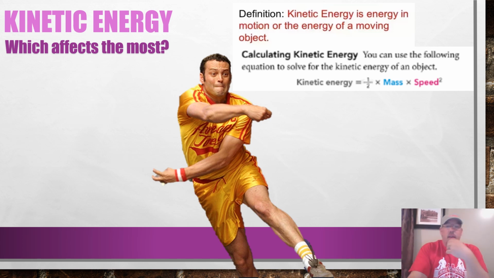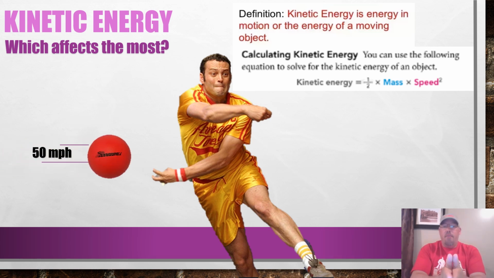So let's think about which one is going to affect the pain that's registered by my body. Is it going to be the mass of the ball or the speed of the ball, and which one impacts it more? So if I know that the average person can throw a dodgeball at 50 miles per hour, that's pretty fast. And that would make sense as to why when you get smacked in the side of the face, it stings quite a bit.